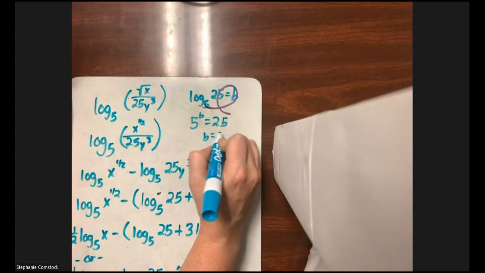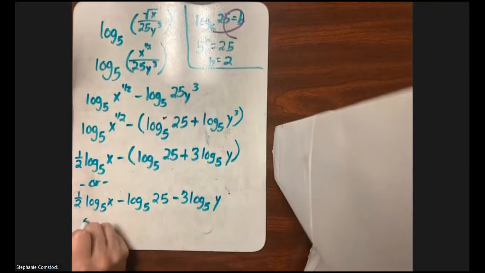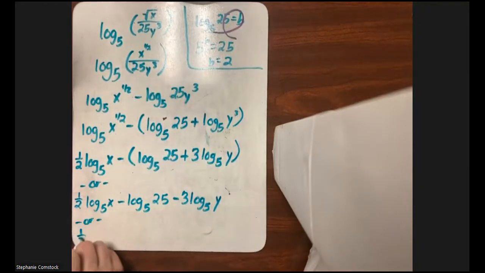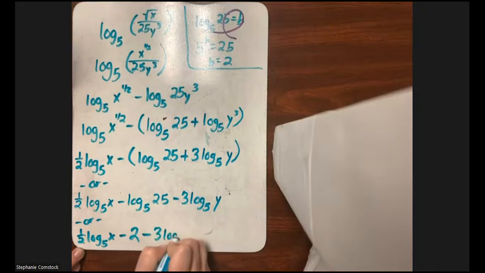Well, that means b is 2. So one option is that they could have you go ahead and put that 2 in for that log base 5 of 25, and have something that looks like that.